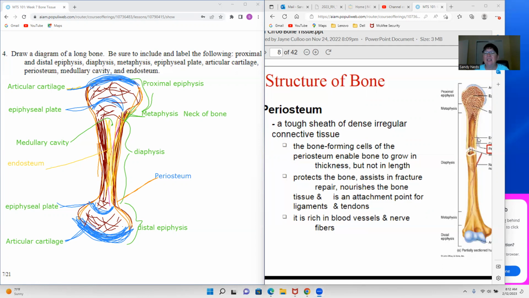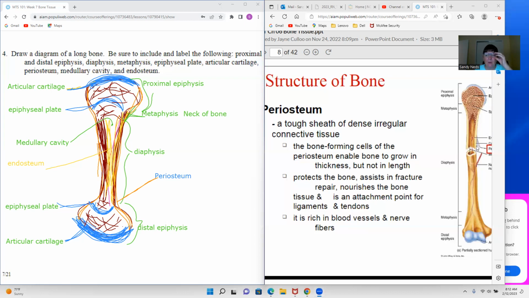Now, this dense connective tissue called periosteum protects the bone. And because it does have new bone-producing cells near it, it also helps in fracture repair. So if I ever break a bone, it helps in the healing process of putting the bone back together.